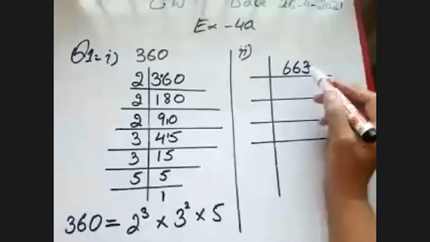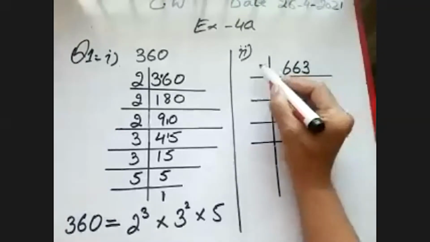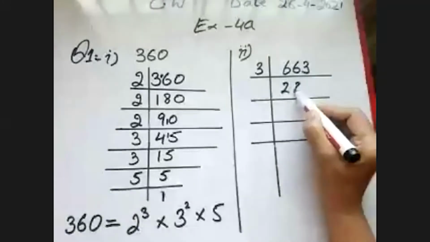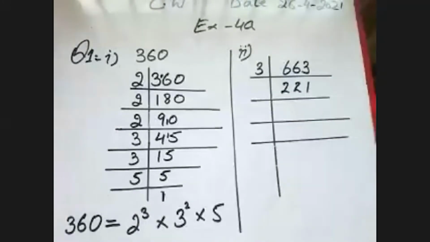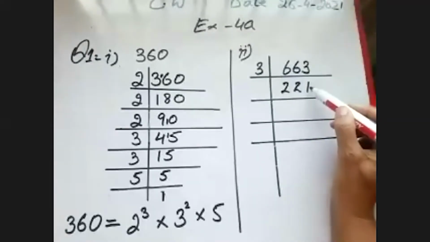6 plus 6 is 12, 13, 14, 15, divisible by 3. 3 2s are 6, 3 2s are 6, and 3 1s are 3. Now this number is a prime number having 1 in the unit space.